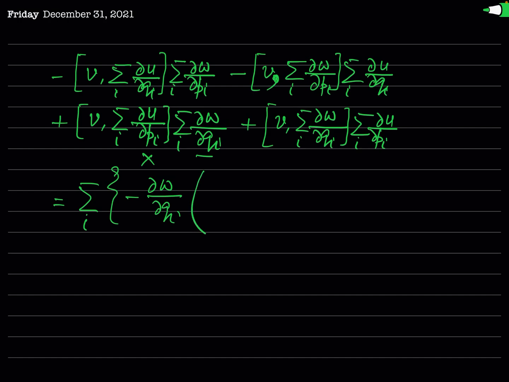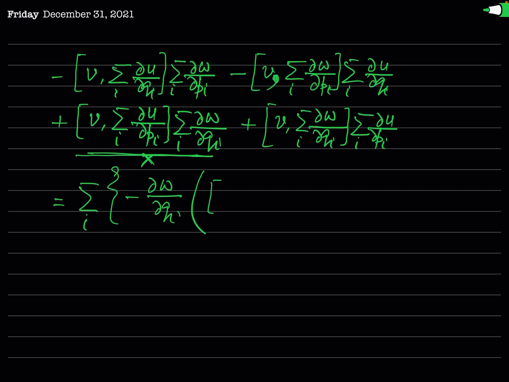Now see, when you take minus del w by del qi as a common factor: in the last term which I am underlining here, there is a plus summation over i del w by del qi, but you have taken minus as a common factor. So here we will interchange the variables inside this Poisson bracket. We will write this in this manner.